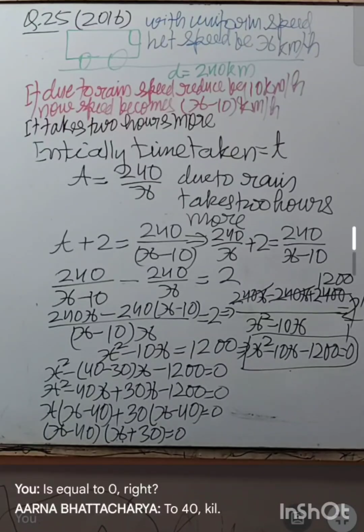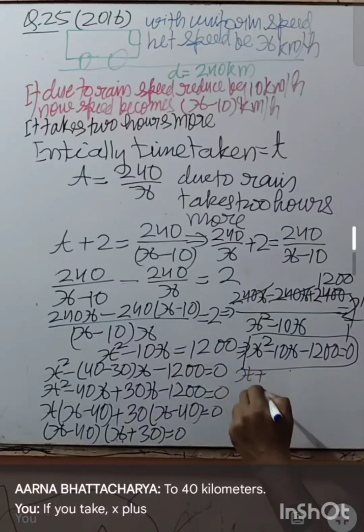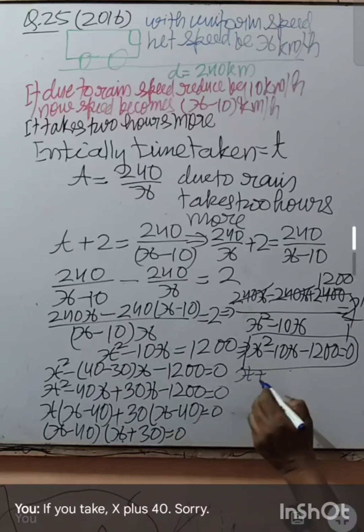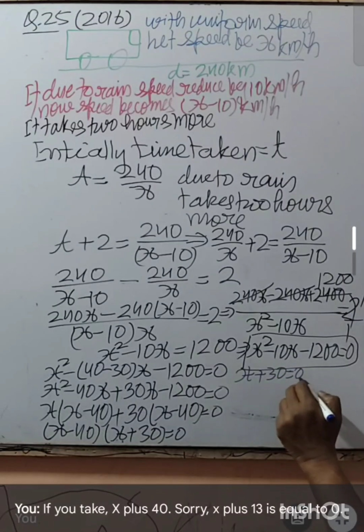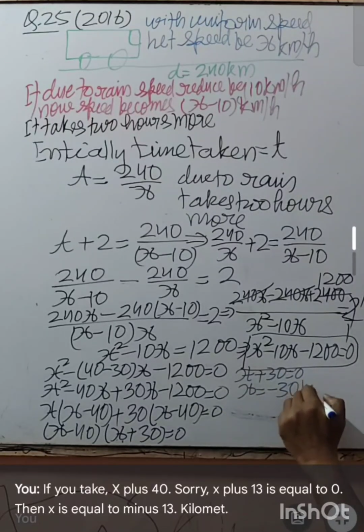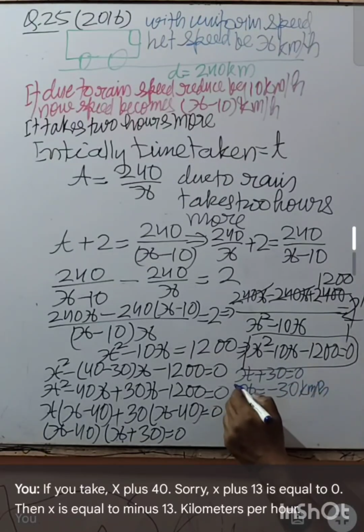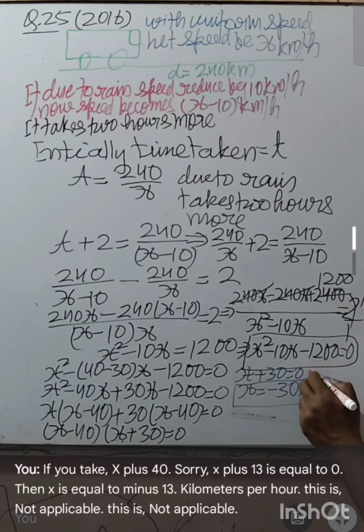If you take x plus 30 is equal to 0, then x is equal to minus 30 kilometers per hour. This is not applicable, right?